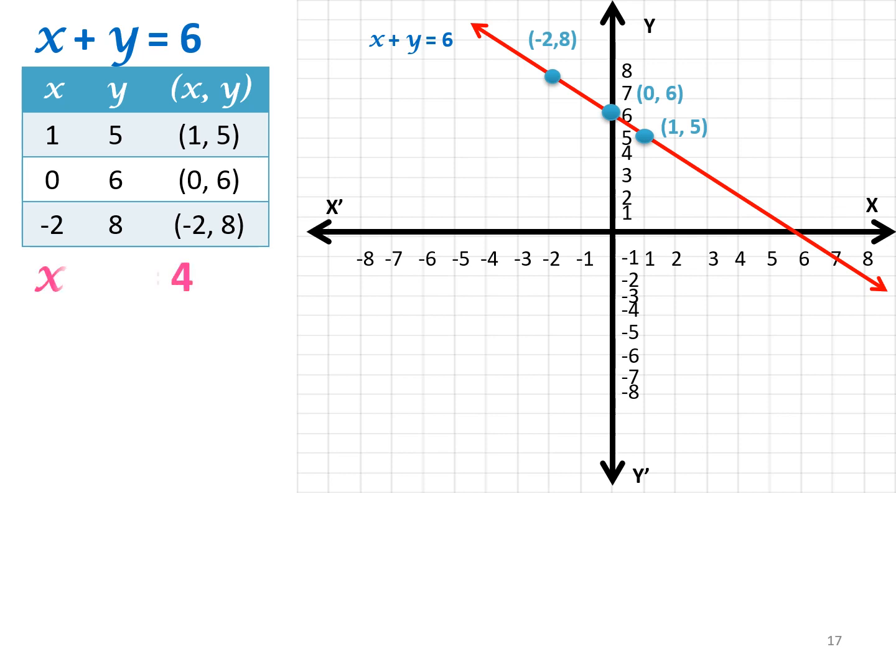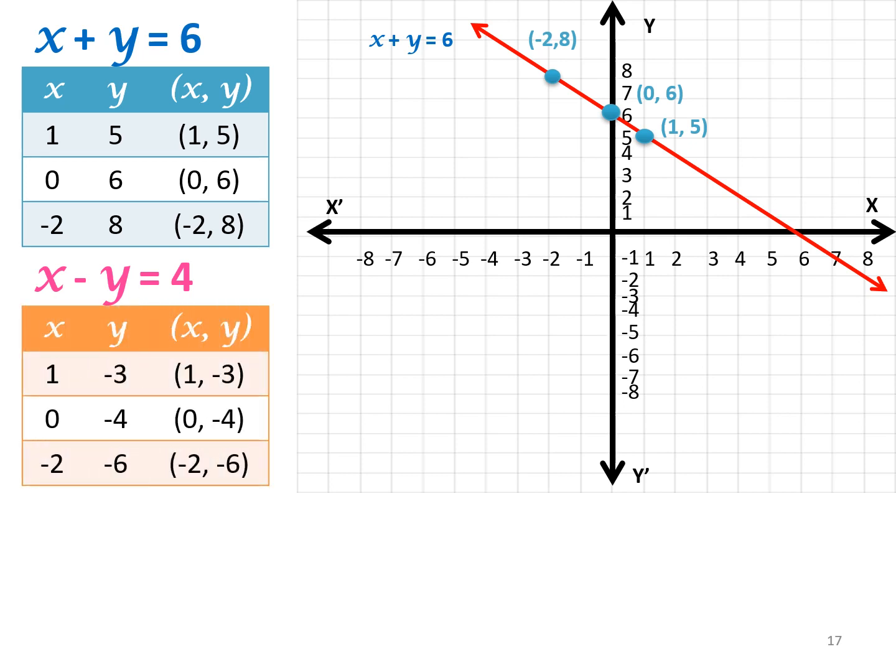Now we shall move to the next equation, x minus y is equal to 4. So the values obtained were, the first value 1 comma minus 3: 1 on my x-axis, minus 3 on my y-axis. So the coordinate point is 1 comma minus 3. Next point 0 comma minus 4.